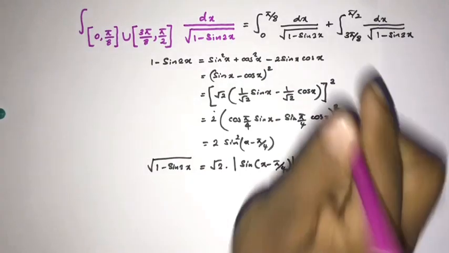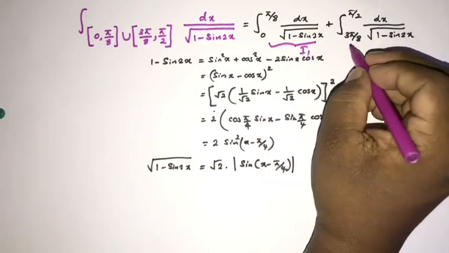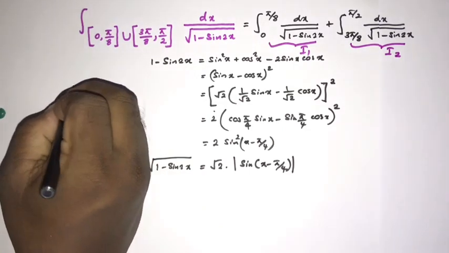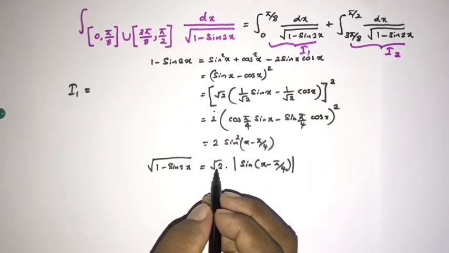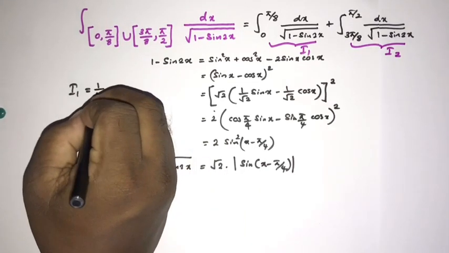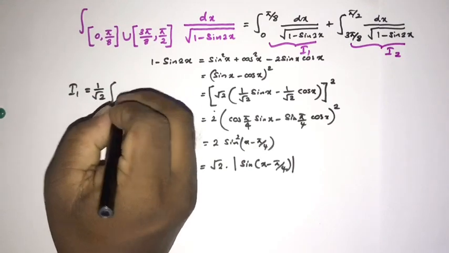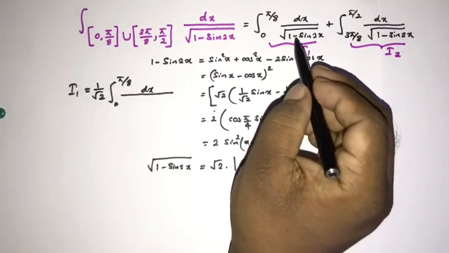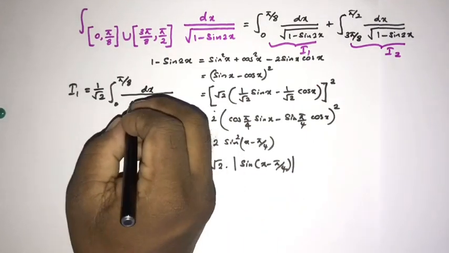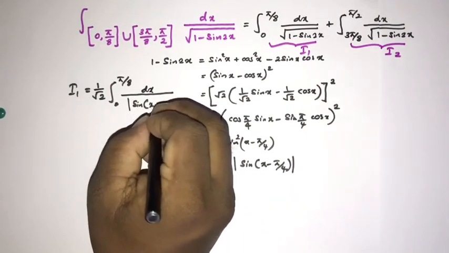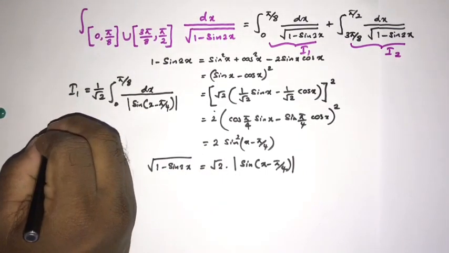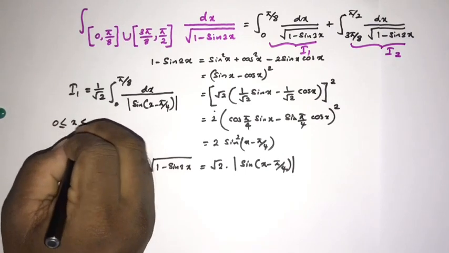Then if we take this integral I1 and this integral I2, now our integral I1 becomes 1 over square root of 2 times the integral from 0 to 5π/8 of dx over the absolute value of sine of (x minus π/4). Here the limit is 0 to 5π/8.